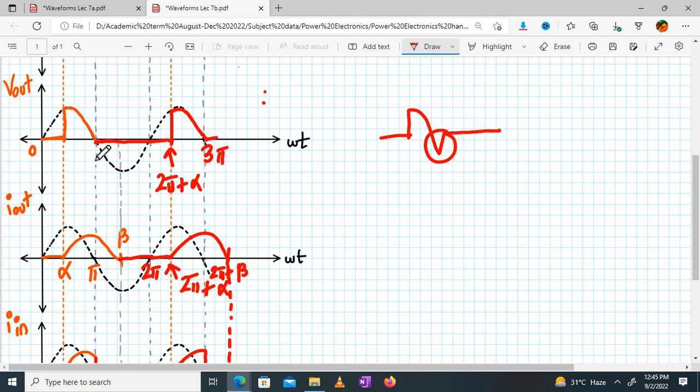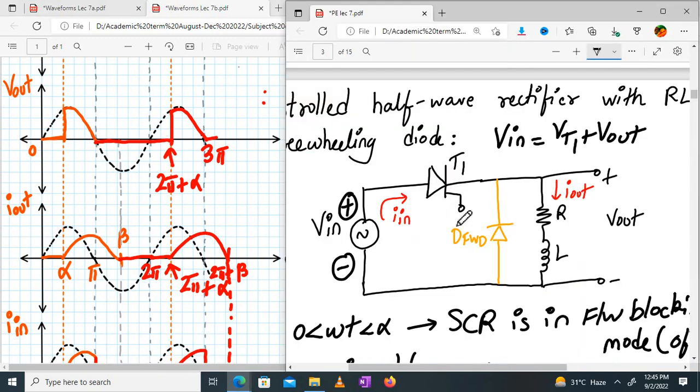With the freewheeling diode, as soon as it is on, it fast forwards the process of the inductor releasing its energy. Earlier it was taking its own time to release the energy. Now, whenever this diode is on, it will freewheel that energy which was stored in the inductor instantly. So that's why it is called a freewheeling diode.